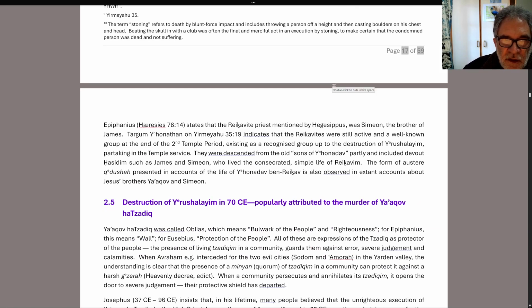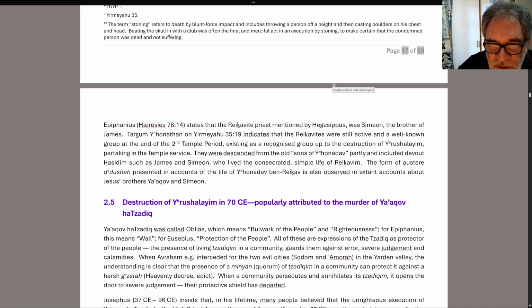Epiphanius in Heresies states that the Rechavite priest mentioned by Hegesippus was Simeon, the brother of James. Targum Jonathan on Jeremiah 35:19 indicates the Rechabites were still active and a well-known group at the end of the Second Temple period, existing as a recognized group up to the destruction of Jerusalem by Titus, partaking in the temple service.